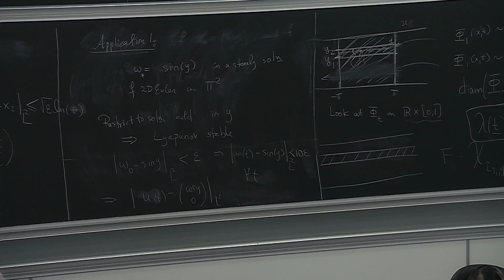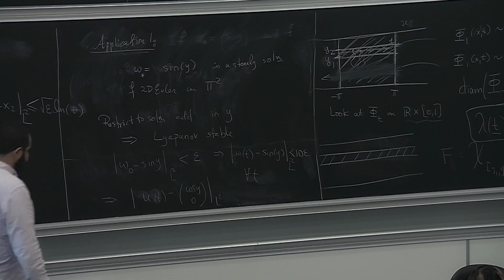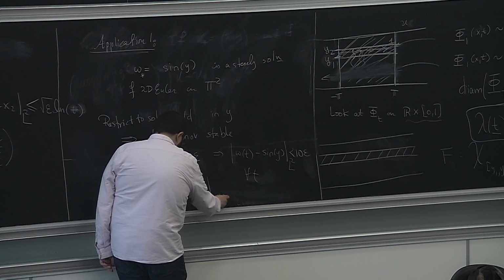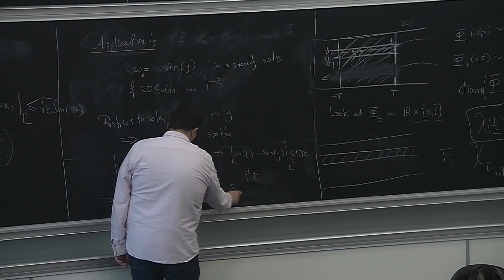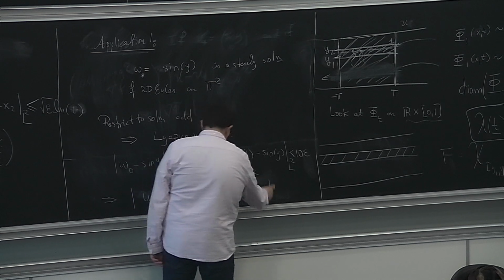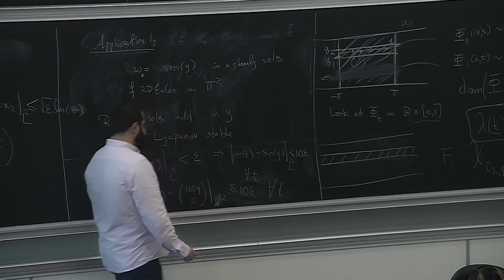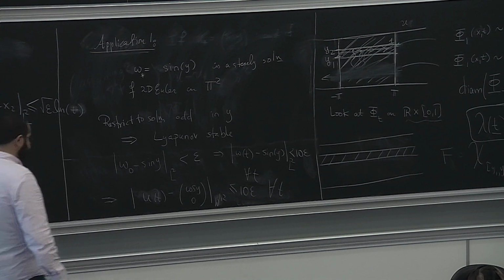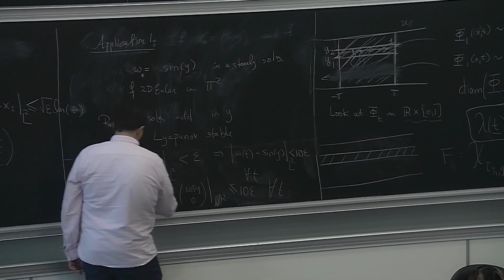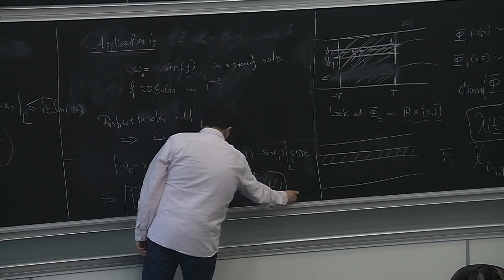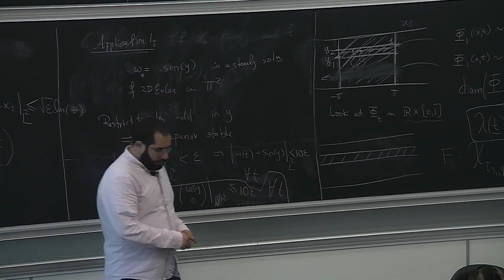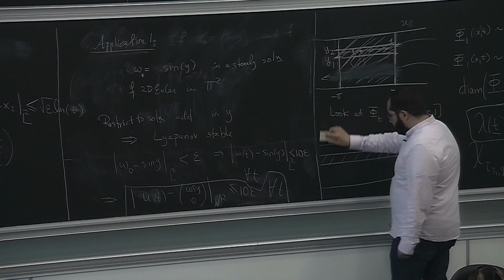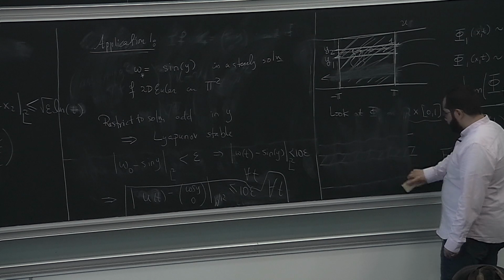So u of t minus (cosine y, 0) in W^{1,2}, so in H1, is bounded by 10 epsilon for all time. Okay, so this is a consequence of the Arnold theory. Then we know that theorem.